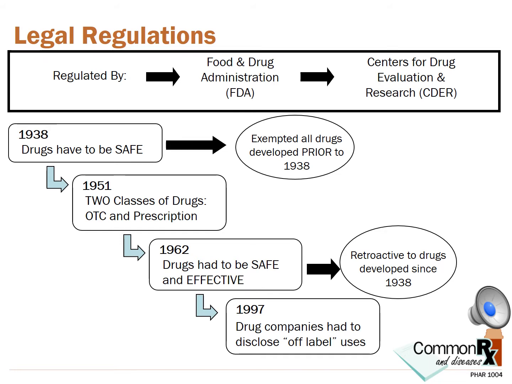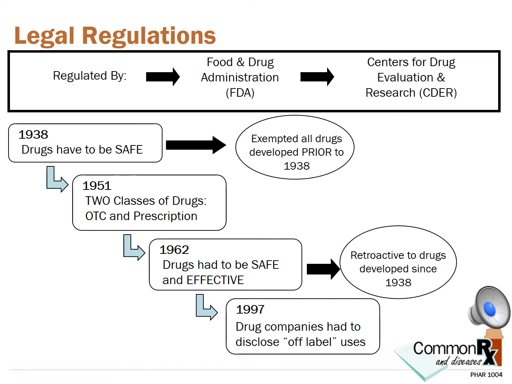It seems crazy now that we waited until 1962 to make sure that drugs we were using actually worked. Unlike the law passed in 1938, this law was retroactive to include all drugs developed since 1938. So all drugs developed after 1938 and still on the market today have been proven both safe in humans and effective for their intended conditions.